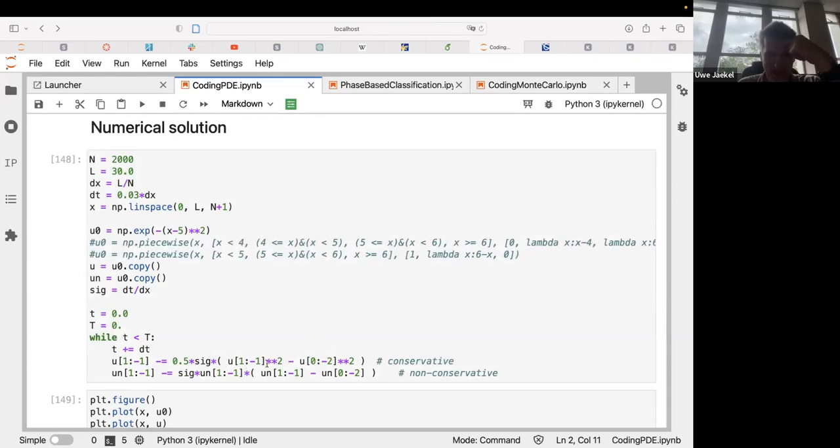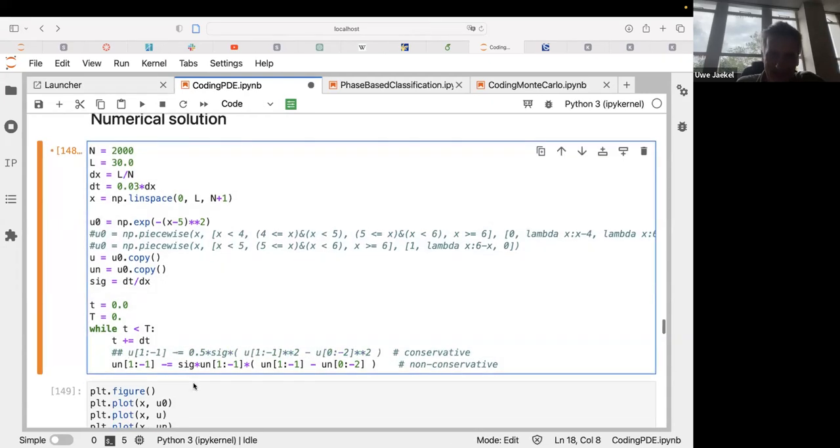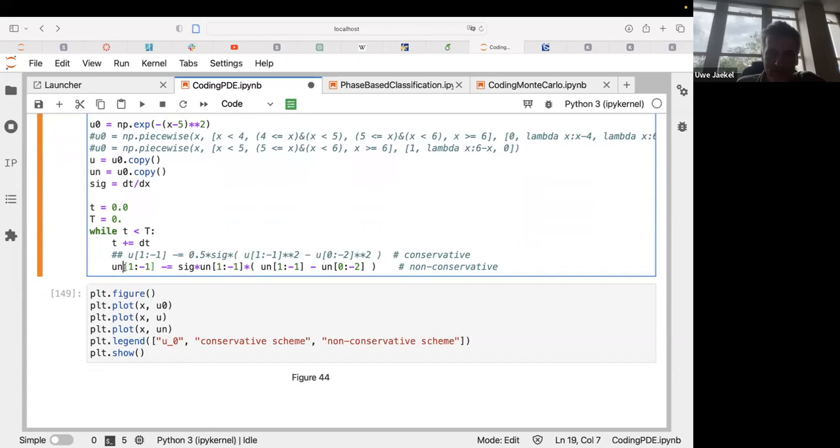Sorry, this is the non-conservative version. Ignore this for the moment. UN is u non-conservative. We take UN at a position and multiply it with the difference of the value at the position and the left neighbor.